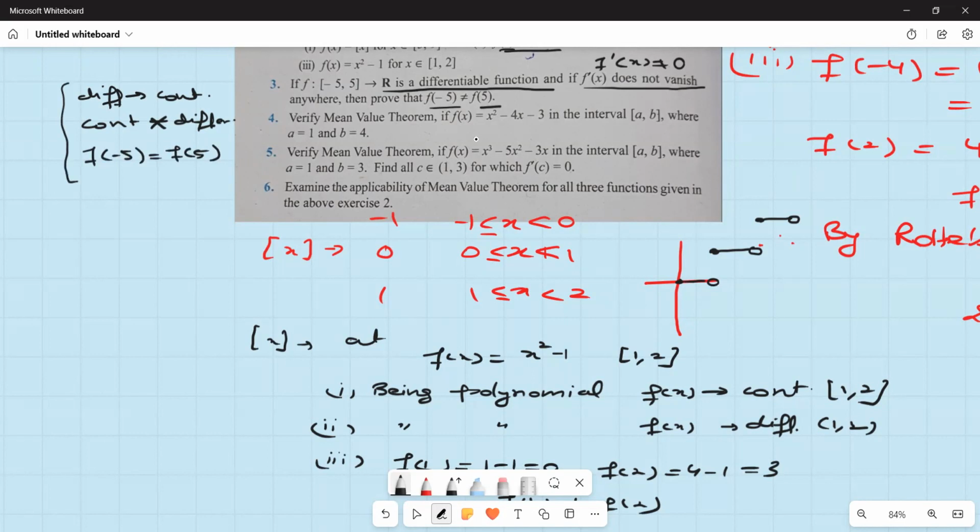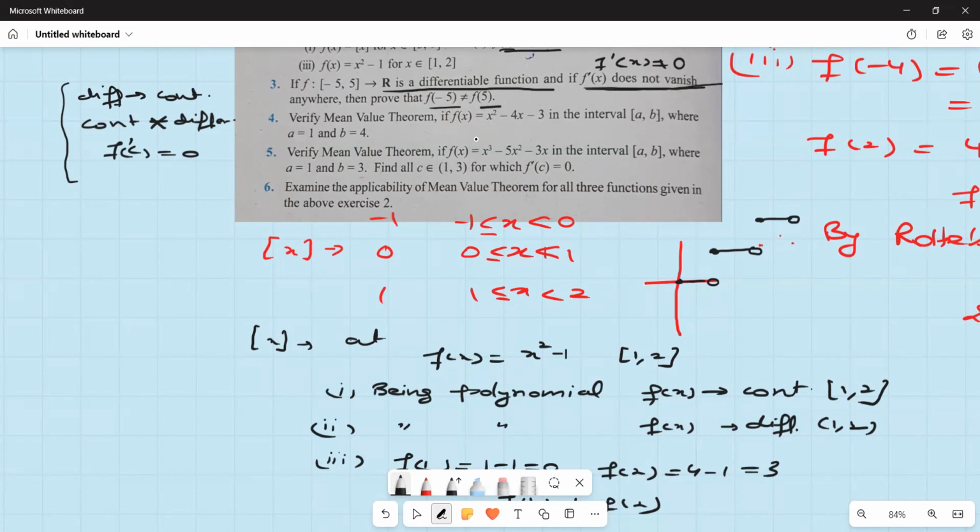Sorry, it is differentiable, so we are taking it as a continuous function. And if we take f dash c is equal to 0, then it is wrong now, because it says f dash x doesn't vanish anywhere.